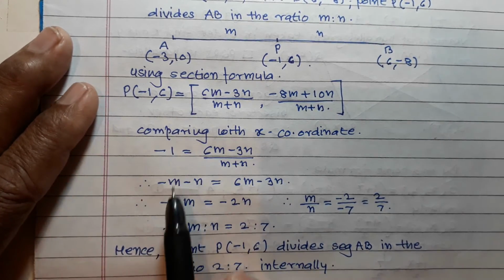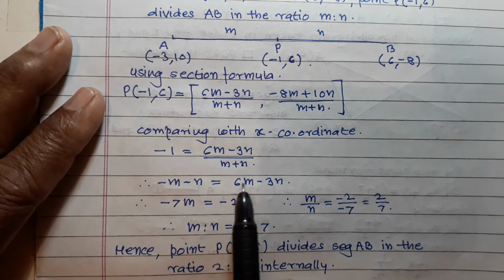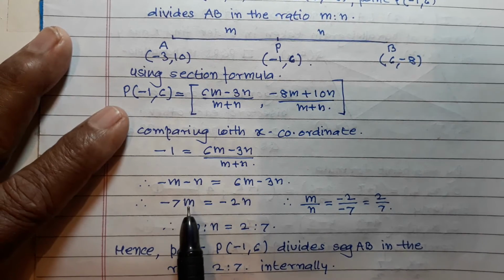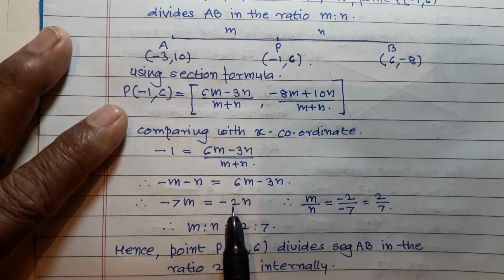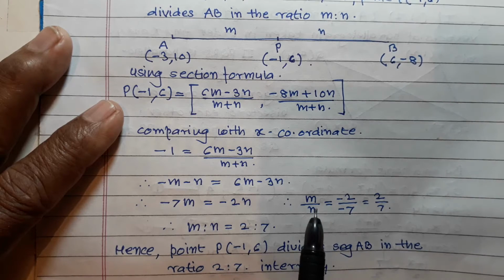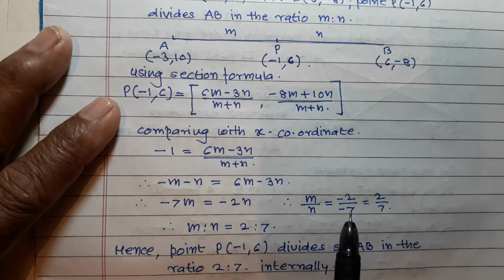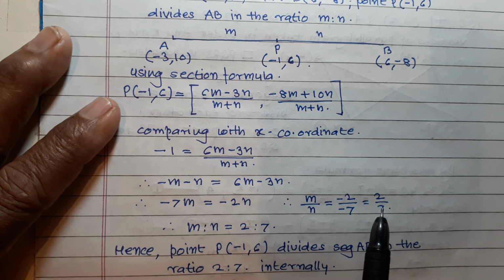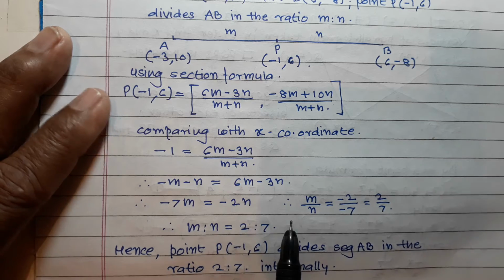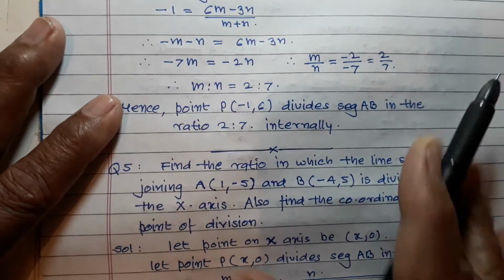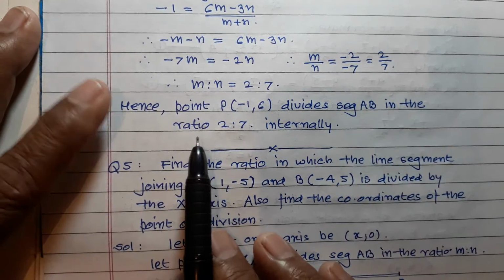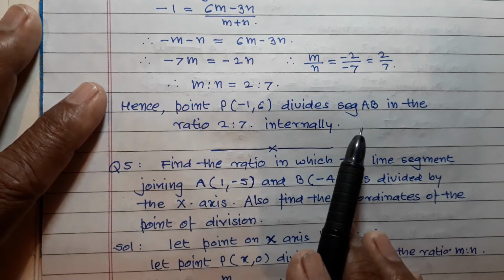Therefore transfer this to this side: minus m minus n is equal to 6m minus 3n, and therefore 7 minus 7m is equal to minus 2n, and therefore m upon n is equal to minus 2 upon minus 7, which gives 2 upon 7. Therefore m:n is equal to 2:7, and hence point P (-1, 6) divides segment AB in the ratio 2:7 internally.